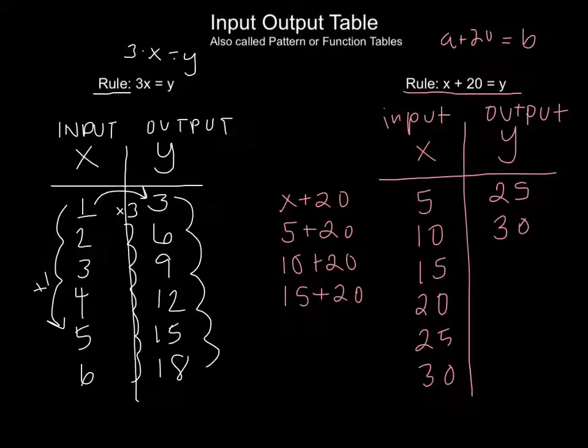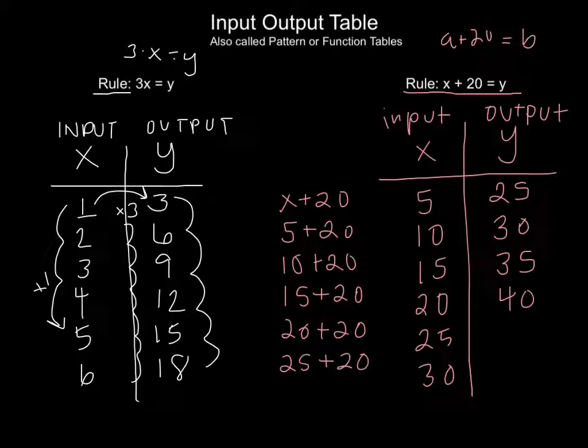15 plus 20 is 35. 20 plus 20 is 40. 25 plus 20 is 45. And my last input is 30. And 30 plus 20 is 50.